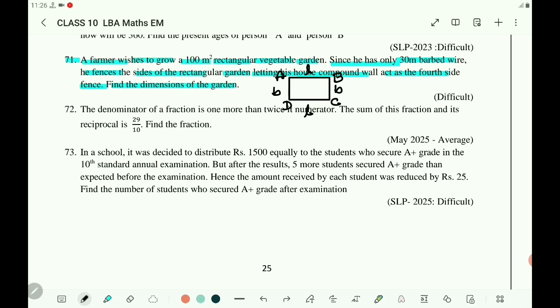Because there is no fencing for the fourth side of the field, the house compound becomes the fourth side. So the wire is for only 3 sides of the rectangular field, and the remaining one side is the compound wall.